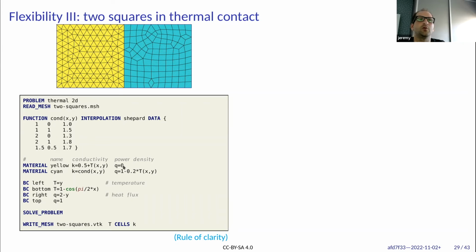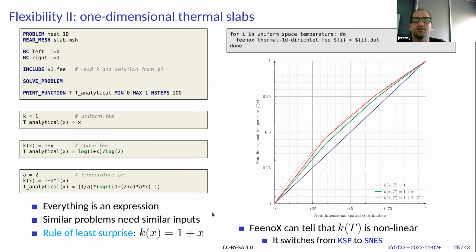The yellow material will not have any power. The other one will dissipate some power in the bulk, like 1 minus something that depends on temperature. So this problem is nonlinear. In this case, the previous 2 problems were linear. This problem is not linear because the conductivity depends on the temperature itself. And FeenoX can tell that in this case, conductivity depends on temperature. So it switches automatically from the linear solver to the nonlinear solver.